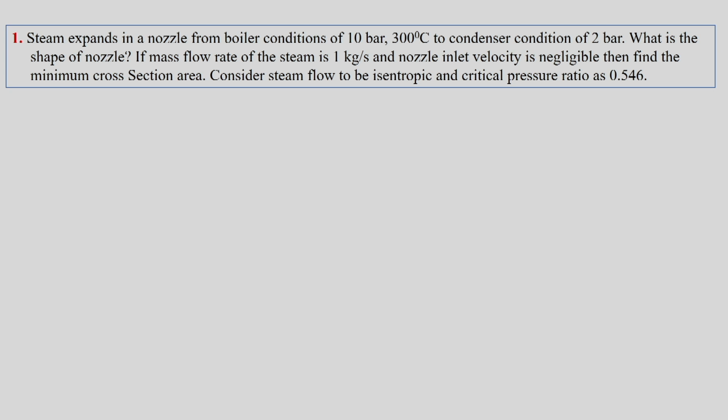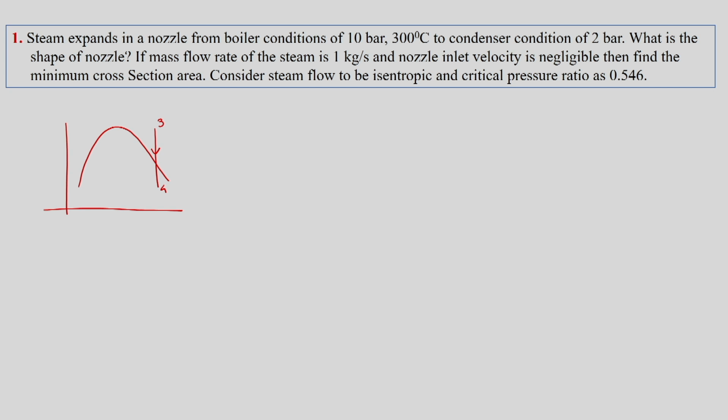So now, first let us plot the TS diagram. As we know, we are in the nozzle state, 3 to 4, as per our conventions of the cycle.